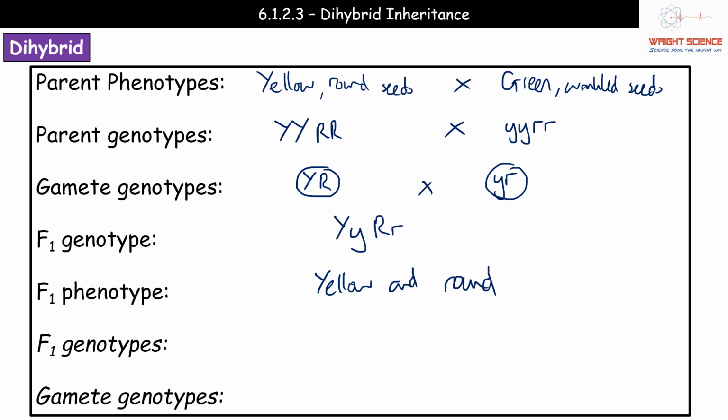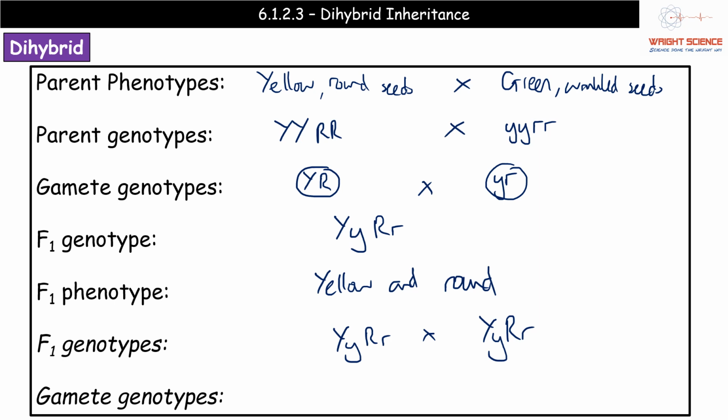The next thing we need to do is have a little look at splitting these down into the genotypes of those gametes again. So remember, our F1 genotype is one capital and one recessive in each case. And that's going to be crossed with a capital and a recessive for each trait again, because we're just crossing two of that F1 generation.